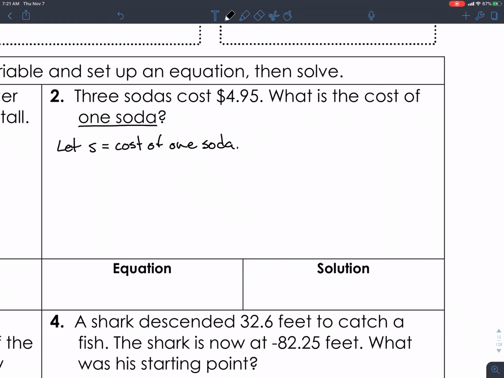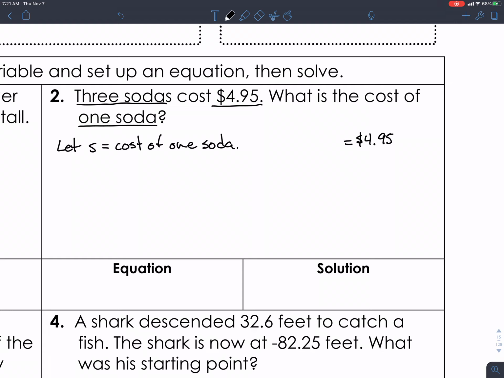So we need to figure this thing out. The way we usually do it is we look for a total cost maybe, or an individual cost. Well, we know 3 sodas cost $4.95. That's the total. Whenever you get a total, I like to put that on the right-hand side of your equal sign, because that's kind of what you do when you go shopping. You buy a bunch of stuff, they add it all up and give you a total.